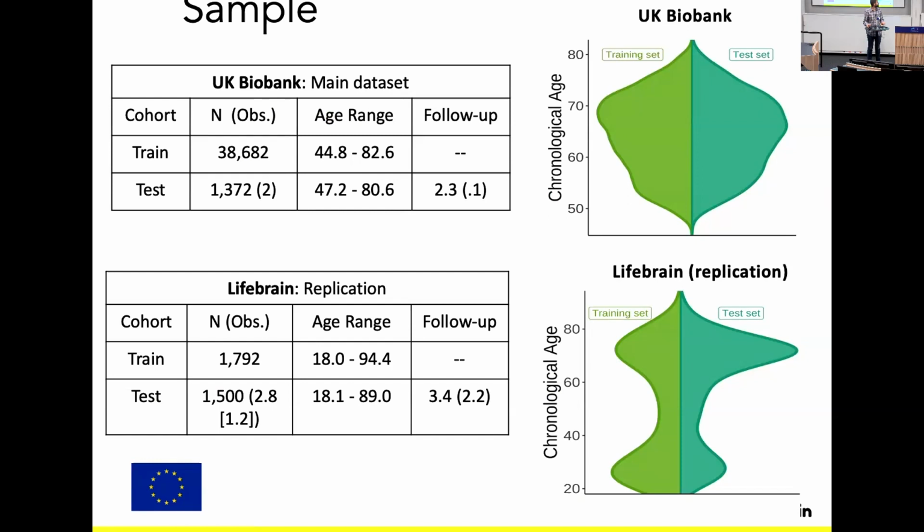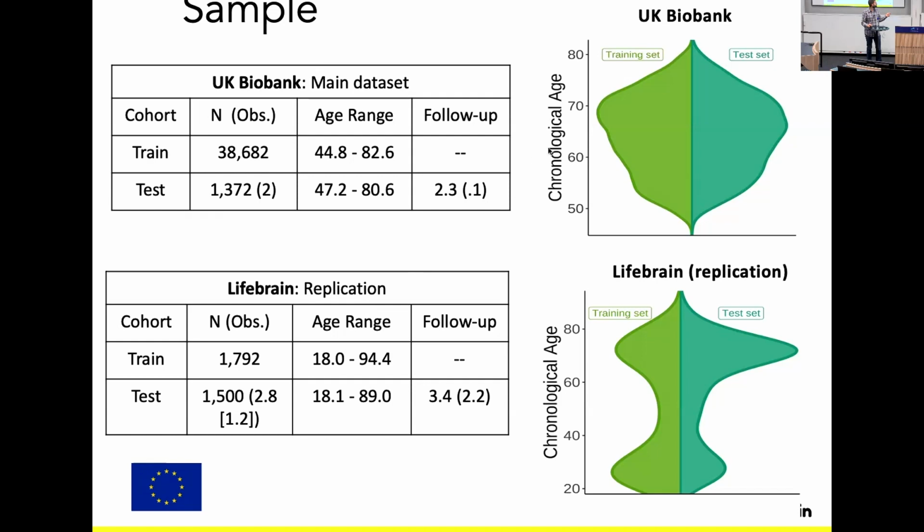To test this, we use the UK Biobank as the main dataset and Lifebrain as a replication. For the training dataset, we use all individuals with a single MRI observation. For the test dataset, we included all individuals that had two or more observations, that is, longitudinal MRI data. This led us to 1,400 and 1,500 individuals for the UKB and Lifebrain.